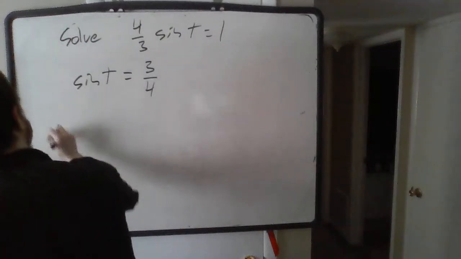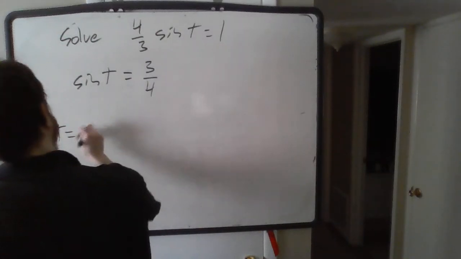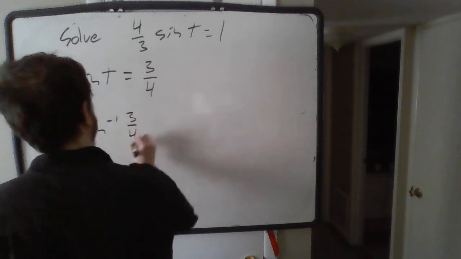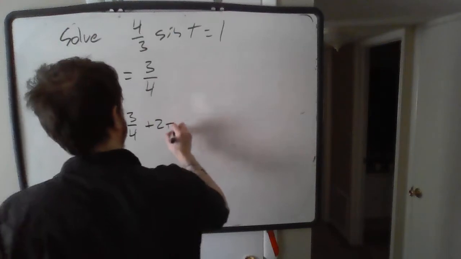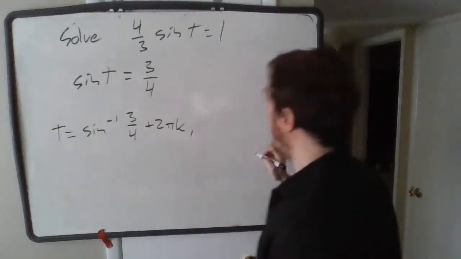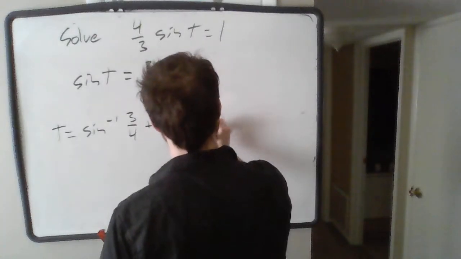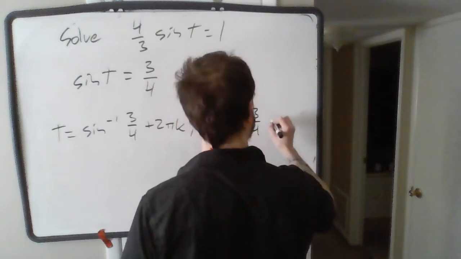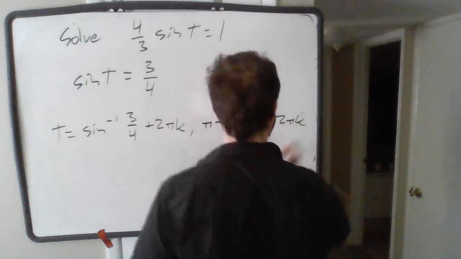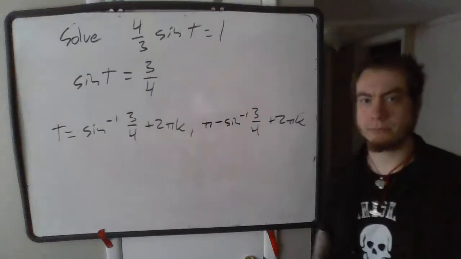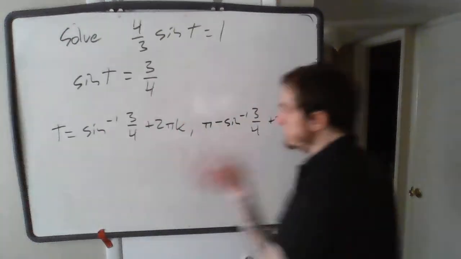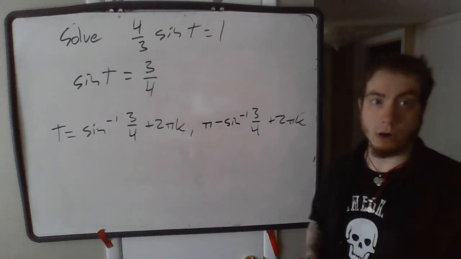So t is equal to sine inverse of 3/4 plus 2 pi k, or it could be pi minus sine inverse of 3/4 plus 2 pi k. So all of these values for t are going to work.